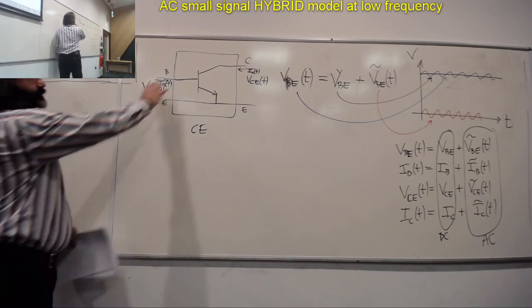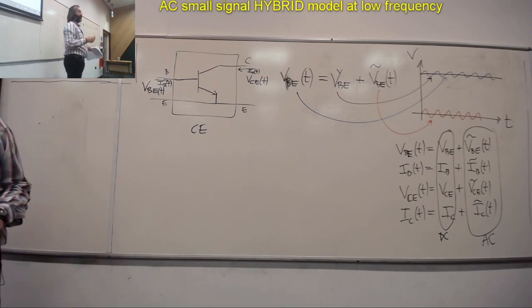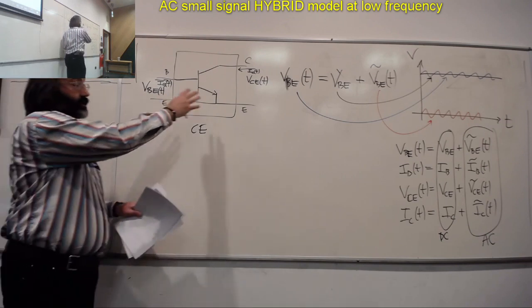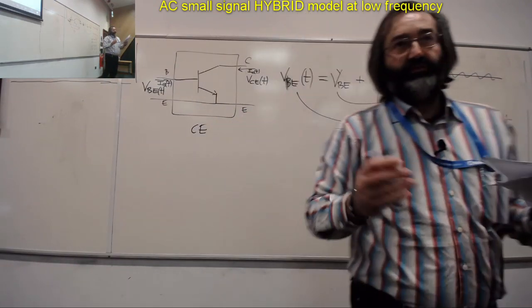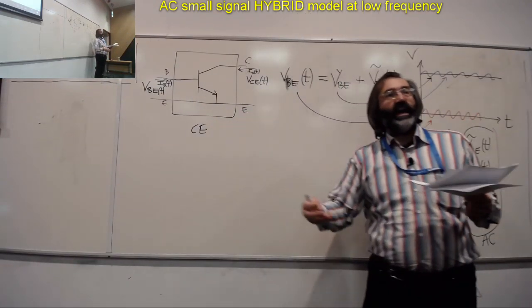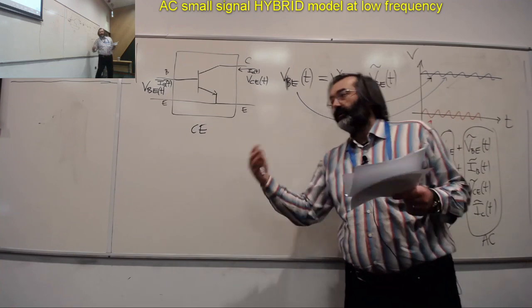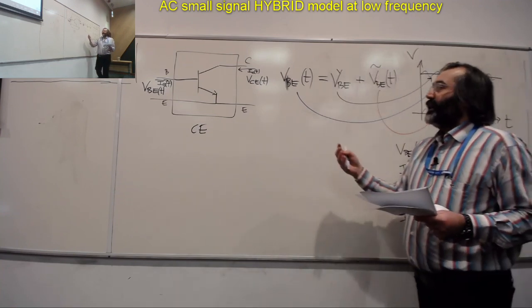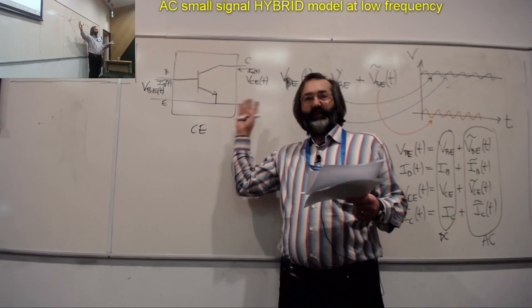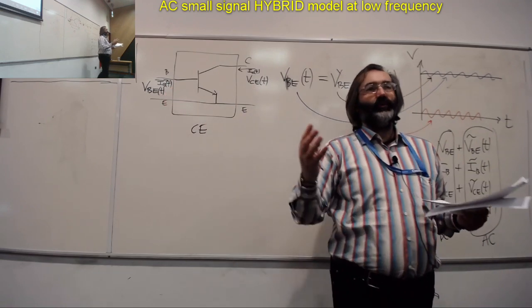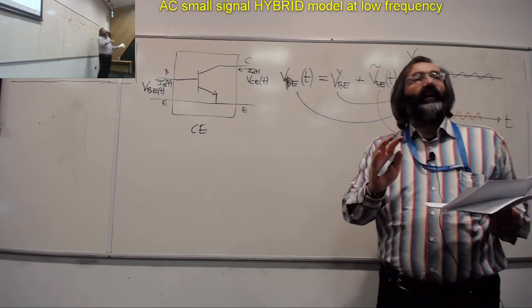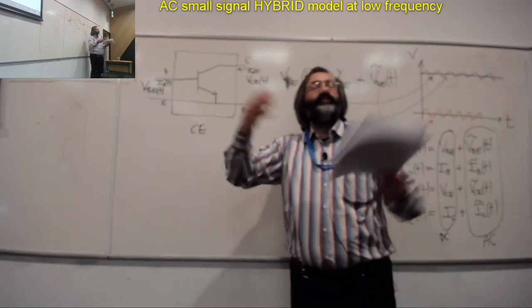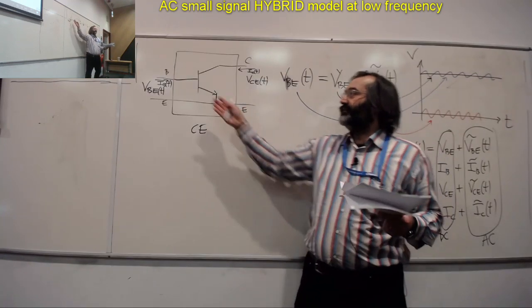So we have four variables here. This is where now the model will kick in. The approach here with four variables is we pick two as independent variables, and automatically the other two will be defined, because these are voltage and current.